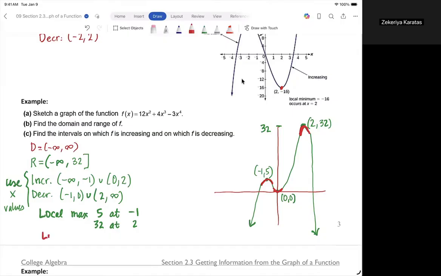The local minimum is 0 at x = 0. I use the x values to locate the max or min. I use the y values to actually give you the local maximum or minimum value.